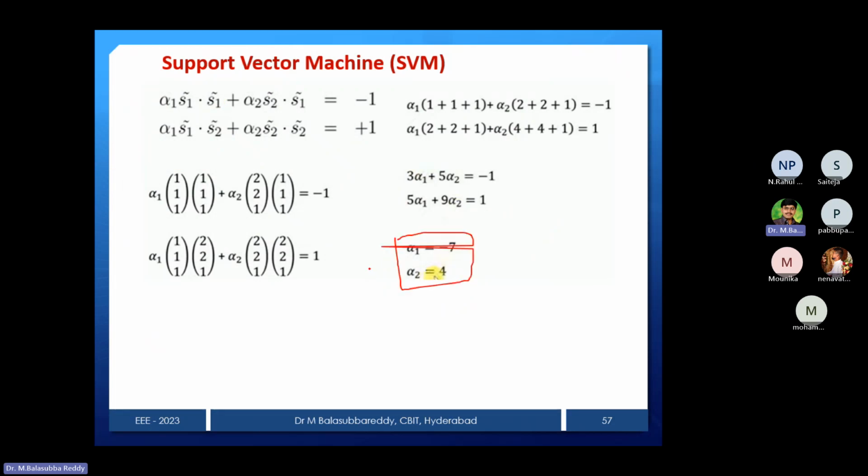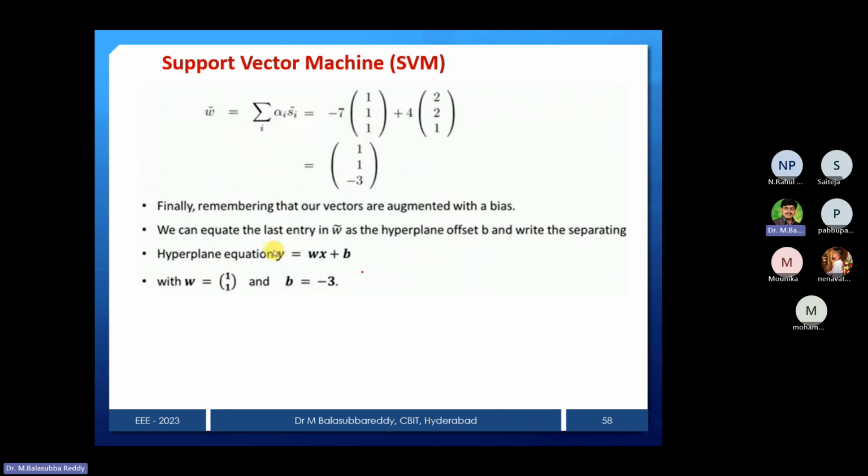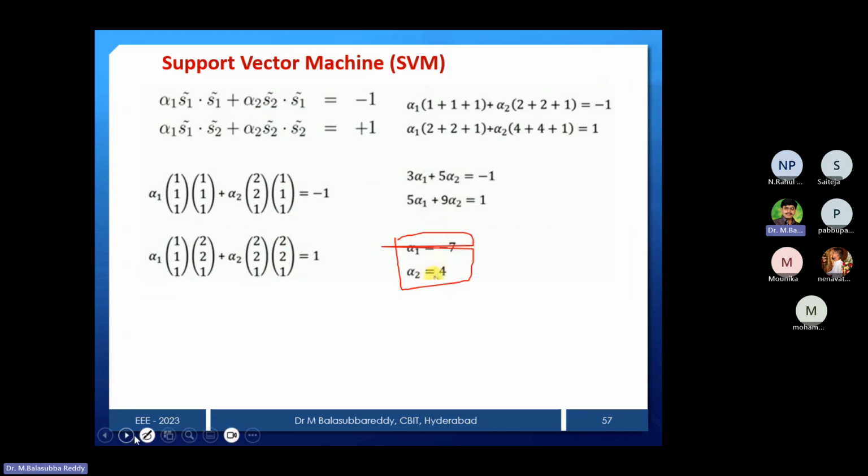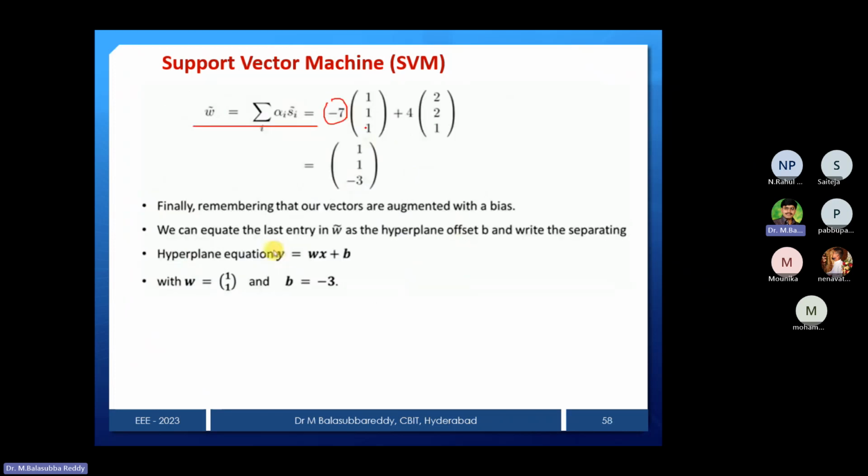Once we know alpha 1 and alpha 2, we can easily calculate the weight function. So what is this weight function? Alpha 1 into S1, where alpha 1 is -7 as per the previous step, plus alpha 2 into S2, where alpha 2 is 4.